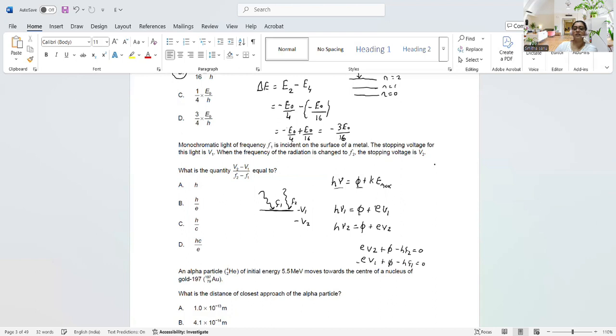I subtract these. This will give me the equation eV2 minus eV1, the next being minus hF2 plus hF1 is equal to 0.